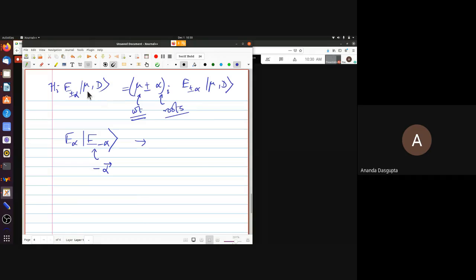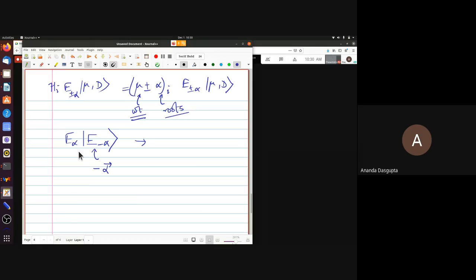In any representation, if you have a weight mu, a state with weight mu, and you hit it with E alpha, you are going to shift the weight by alpha. So what happens here? It shifts by minus alpha. No, this is minus alpha already.